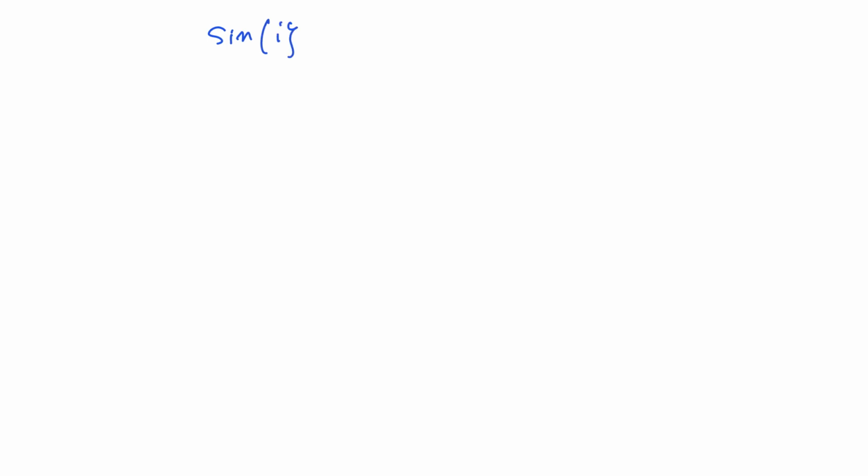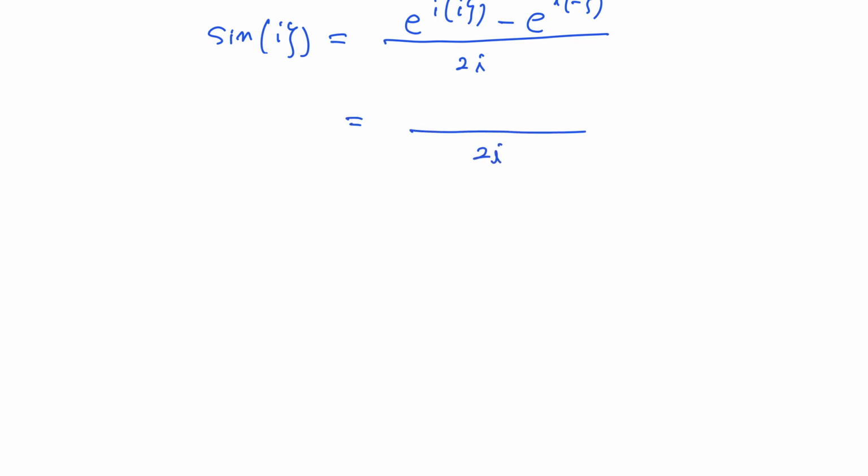Sine i zeta is 1 over 2i times exponential i times i zeta minus exponential minus i times i zeta, which is 1 over 2i times exponential minus zeta minus exponential zeta.